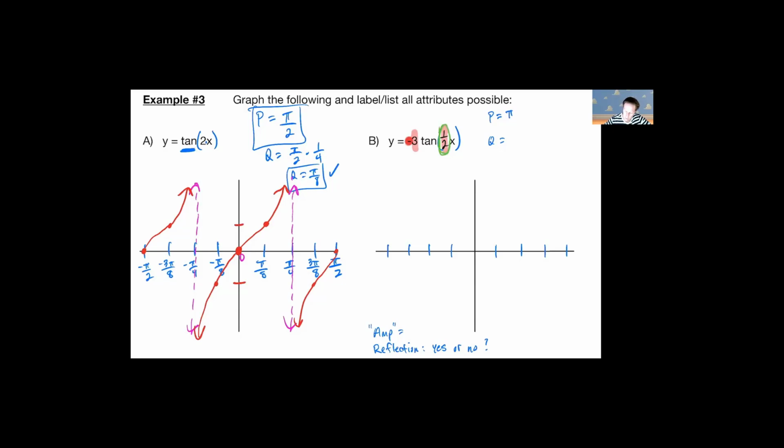So remember, we always undo whatever's being done to it. So since it's being multiplied by half, we're going to divide by half, which obviously that is then going to change what? Well, it's going to have the inverse effect because we're going to have to multiply by 2, that fancy 1 there again, to cancel that out and get a period of 2 pi, what we're actually used to.